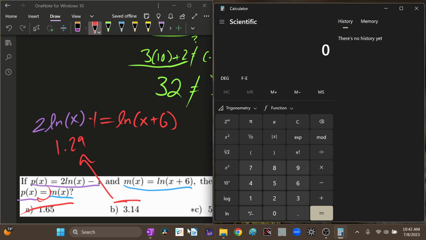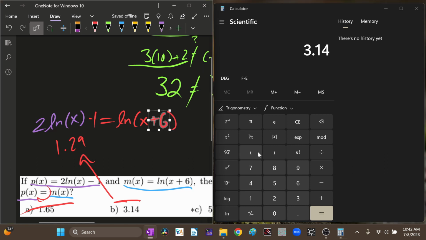Now let's compare that to when we use 3.14 as x over here. So we would have our 3.14. We would add 6 to it. Then we're taking ln of the result.